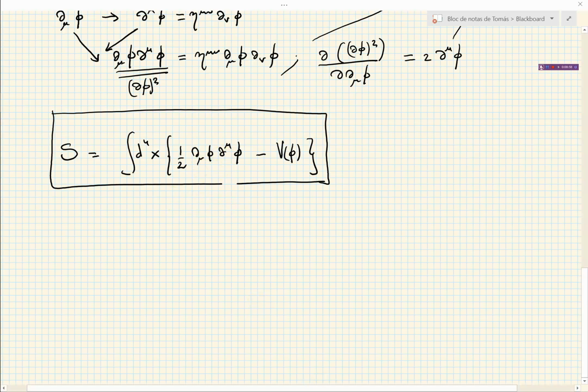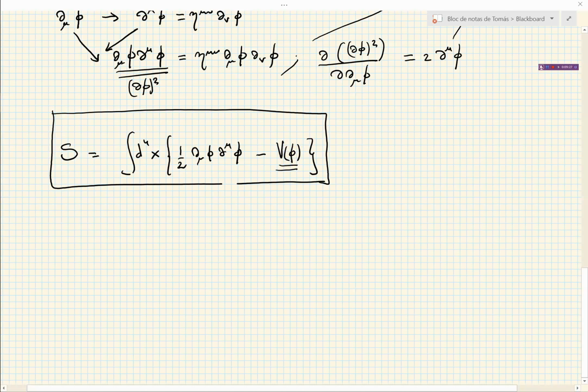And this term represents, if there was no potential, the action for a free scalar field. The term V of phi represents a self-interaction. Depending on the form of this V of phi, you can describe just a mass term for the field, because without the potential this would always be a massless scalar field.